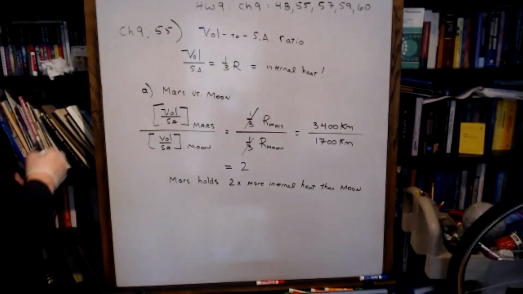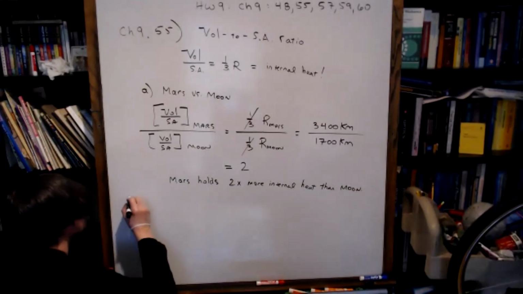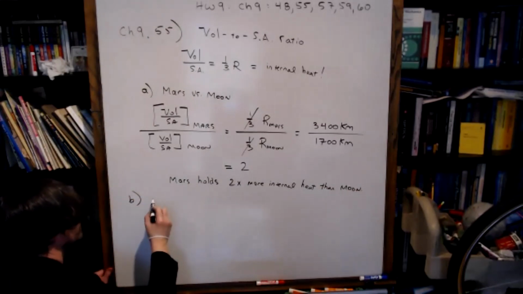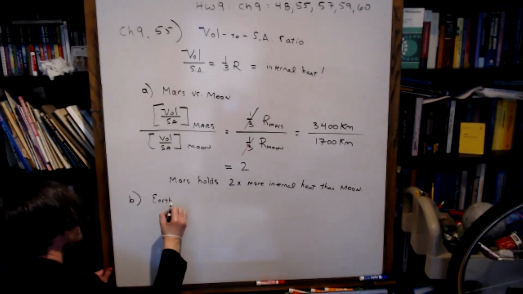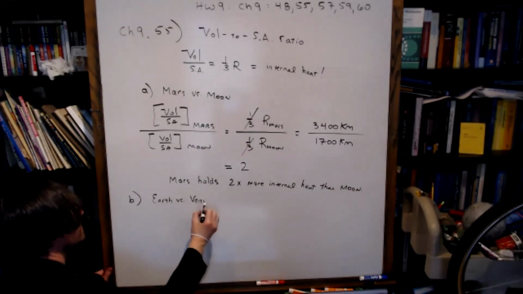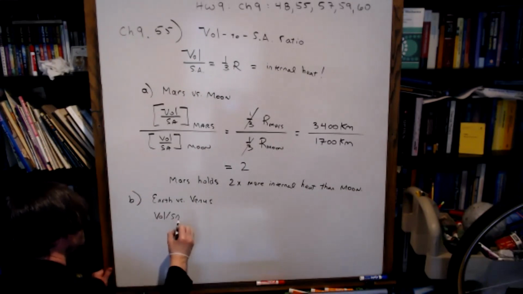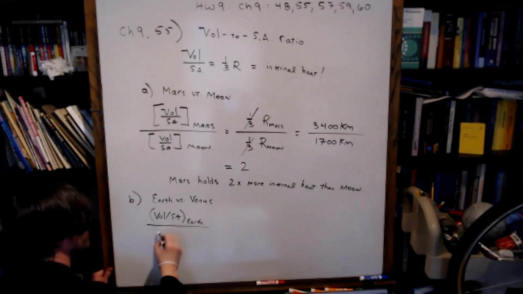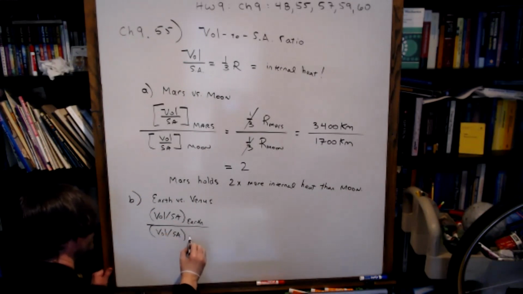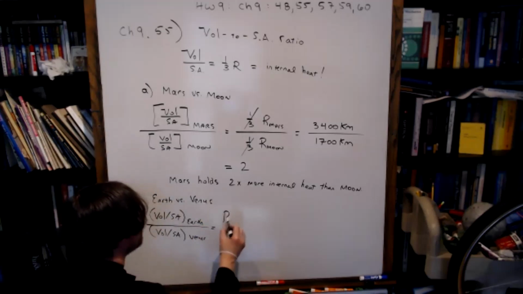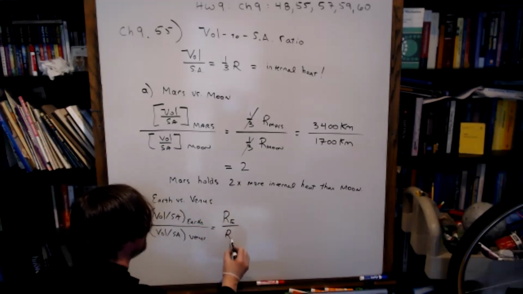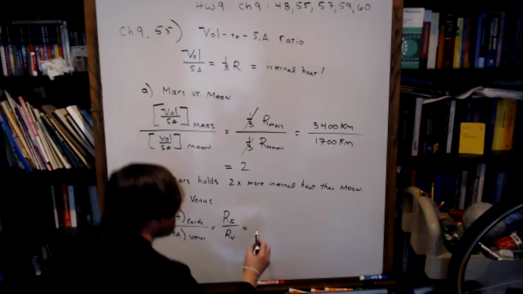Okay, what's our letter B, Kayla? Pushing it forward. That would be Earth and Venus. Okay, Earth versus Venus. So the volume to surface area ratio of Earth divided by the volume to surface area ratio of Venus will go as the radius of Earth divided by the radius of Venus.